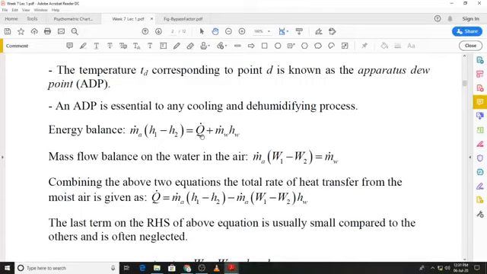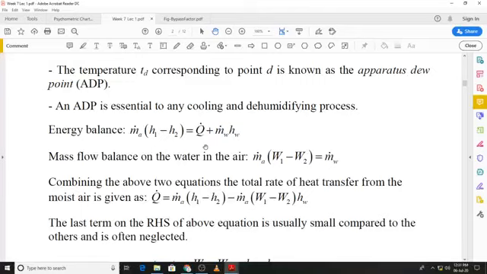This is the rate at which the cooling coil is removing energy from the airstream, and because there is condensation, the fluid which condenses also carries with it energy that is equal to m dot w hw, and what remains is the energy at the end of the cooling process, that is m dot a into h2.